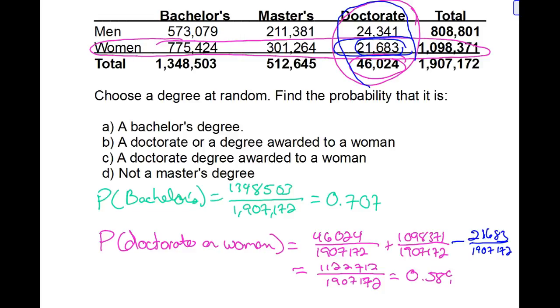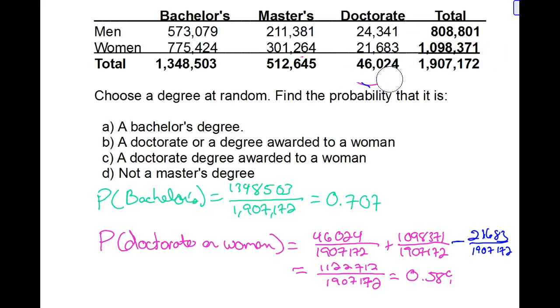Now part C is asking us for a doctorate degree awarded to a woman. So we're looking at doctorate degrees and a woman. So the "and" is actually easier to do here.